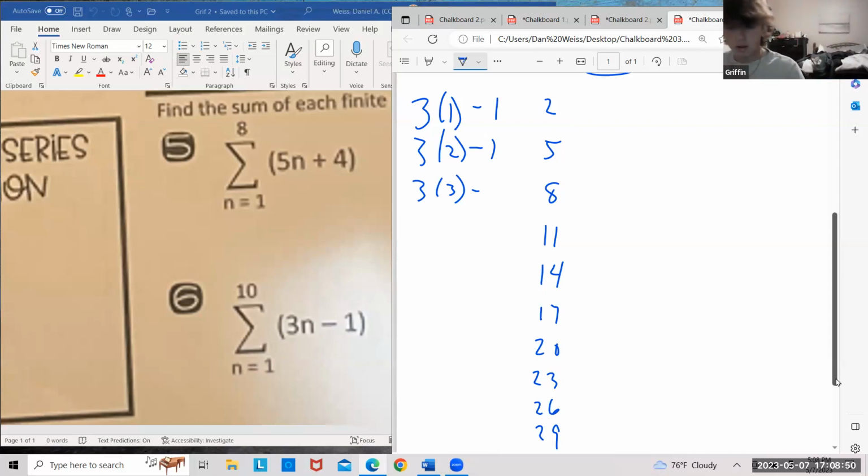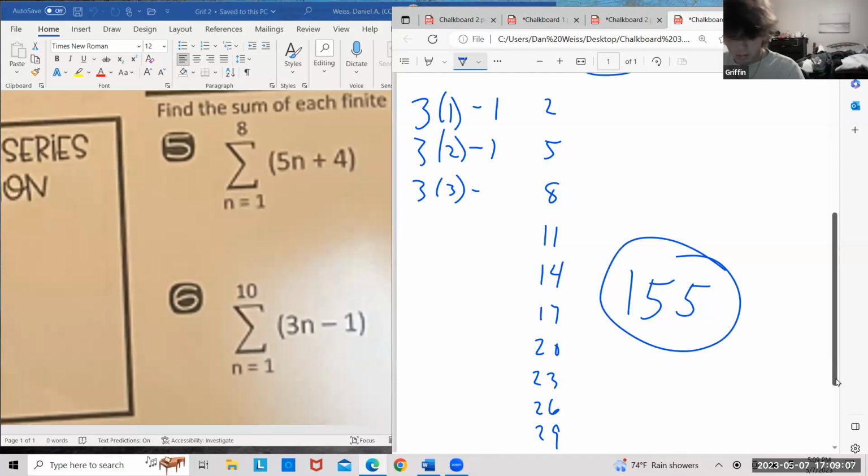Then just adding them all together: 2 plus 5 plus 8 plus 11 plus 14 plus 17 plus 20 plus 23 plus 26 plus 29 equals 155. Rock on with your bad self.